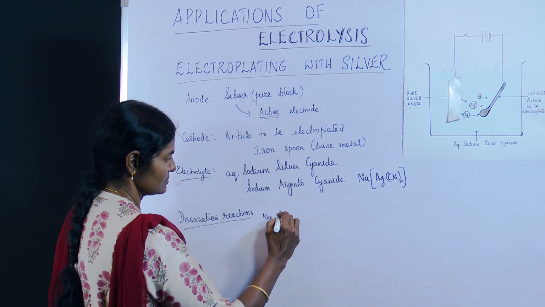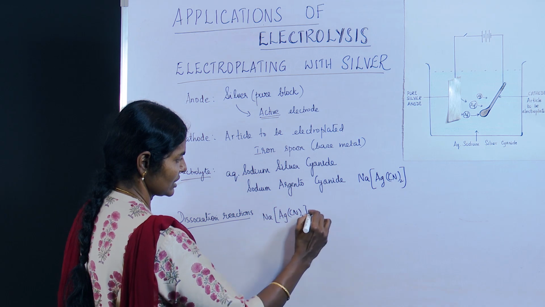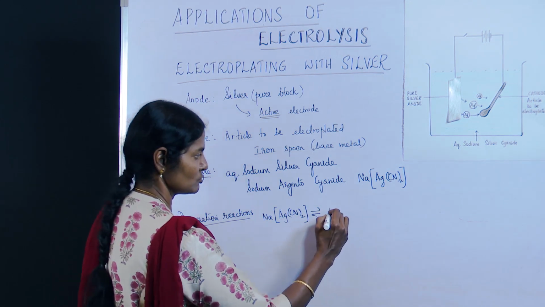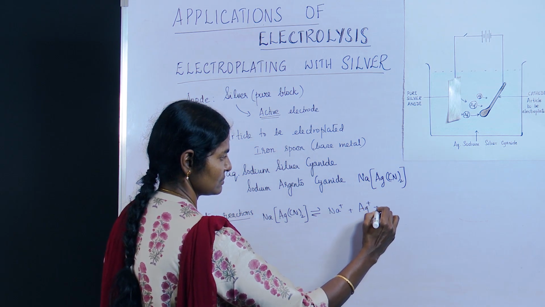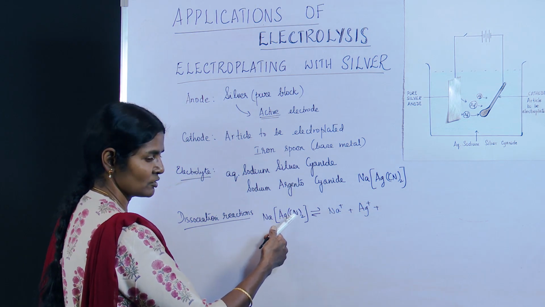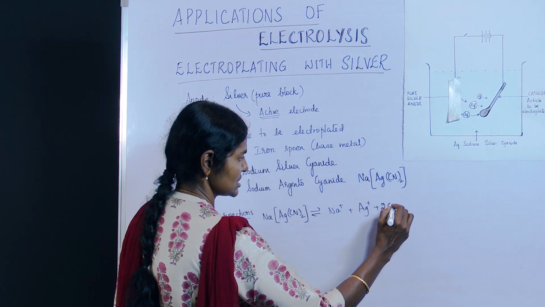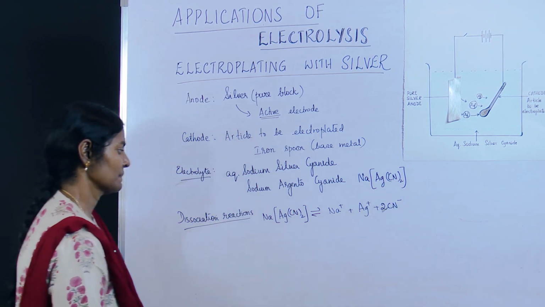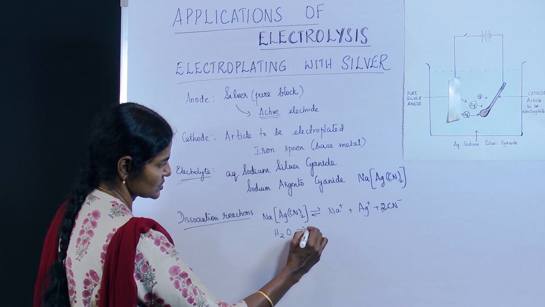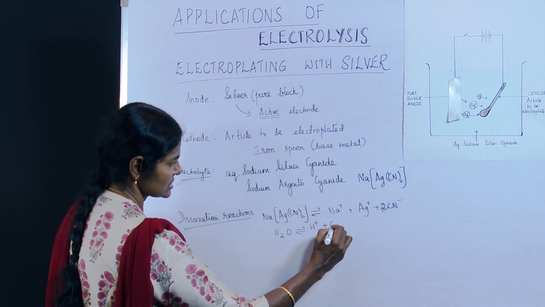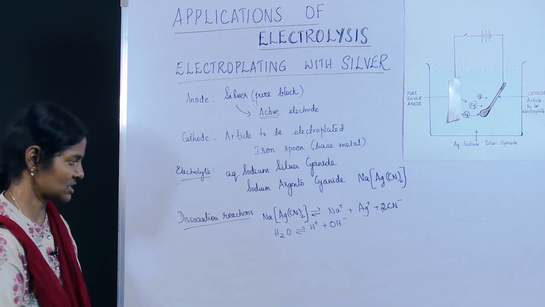So the sodium silver cyanide, when we break this, will dissociate into sodium ion plus silver ion plus 2 ions of cyanide, 2CN minus. Alright, next we should not forget about water, which dissociates into H plus and OH minus. So these are the dissociation reactions.